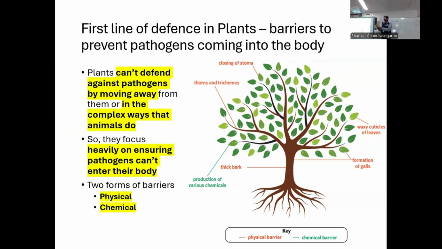So basically our blood, our soft tissues, places where there's not a lot of defense or separation happening, right? So we want to keep the pathogens from those sensitive places, and that is what the first line of defense is focusing on. It wants to ensure pathogens don't get to these sensitive places, and if the first line of defense can keep it like that, that would be the best.